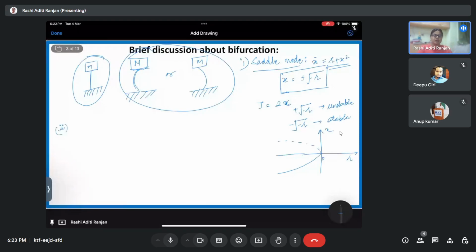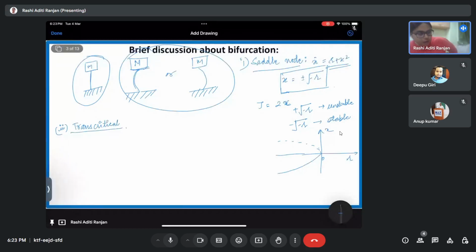So in case of transcritical bifurcation, essentially my equation of motion was nothing but r x minus x square.